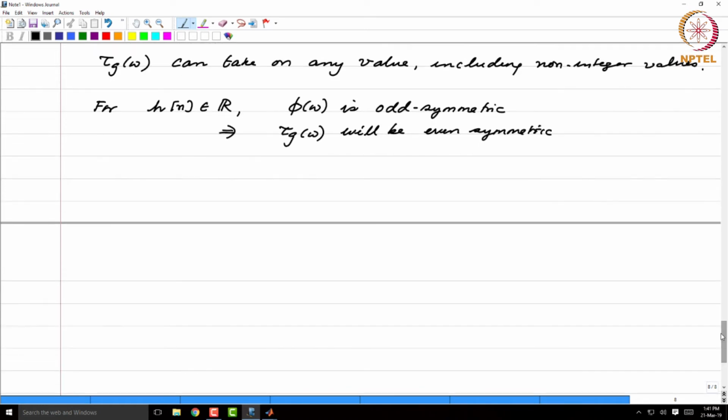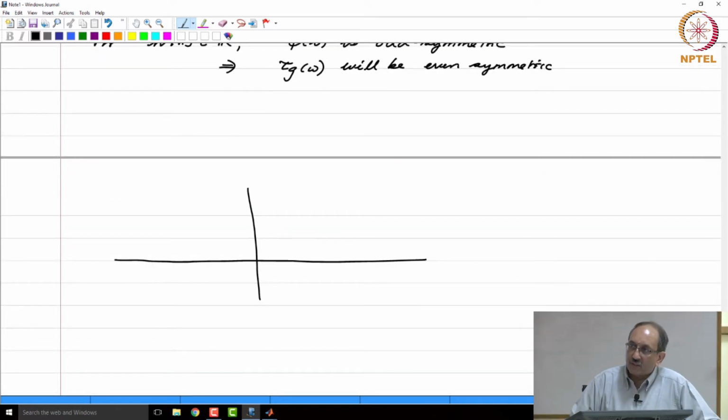The other thing that we have seen is, if there is a 0 or pole close to the unit circle, then the phase response when you go around the unit circle, when you cross a pole or a 0 that is near, the phase response will change very rapidly. Therefore, we have seen this kind of phase response, right.